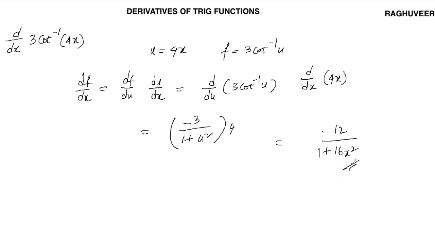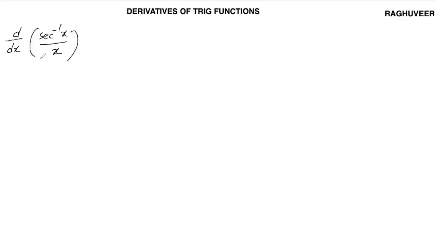Okay, so let us solve another problem, then close out. So here's another problem. If you look at this problem, we can apply the quotient rule here. So f of x is secant inverse x, and g of x is x. So d by dx of f by g, right? So let us apply this.